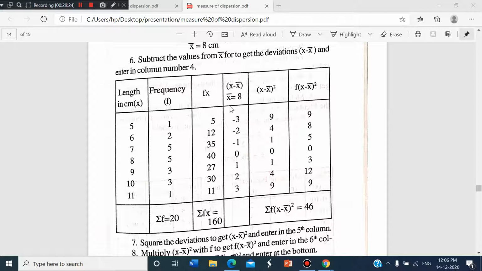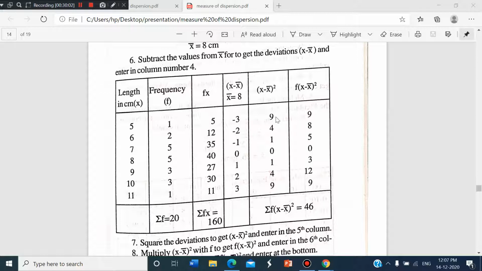So x minus x bar whole square of minus 3 equal to 9, minus 2 equal to 4, minus 1 is 1, so on and so forth. So here x minus x bar square, the square of minus 3, minus 2, minus 1, 0, 1, 2, 3.